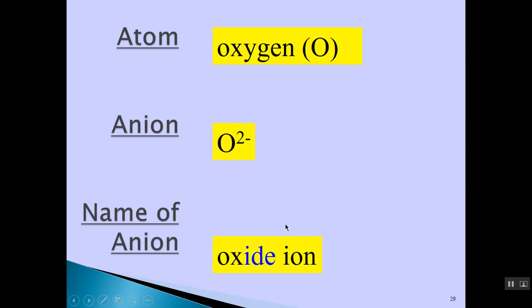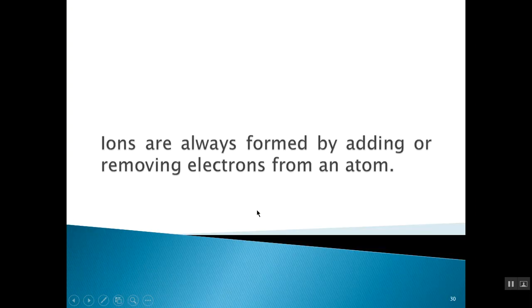Oxygen becomes oxide. And so on and so forth. So basically, when naming anions, you take the stem name of the original element and you simply add IDE to it. So their naming always ends with "ide."